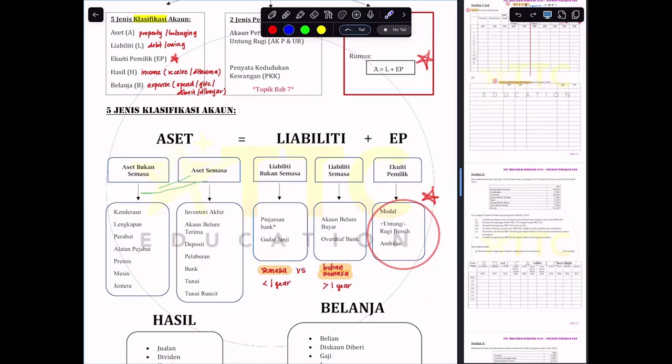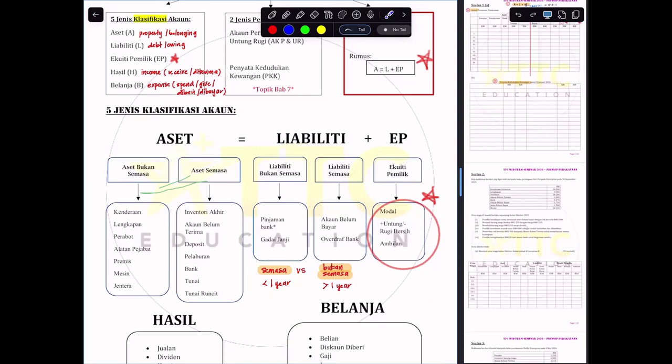Okay, then how about liability? Liability means your debts, your hutang. Eventually, you still need to pay for your debts, right? No matter how soon it is, you still need to pay. So the matter here is how long you need to pay for your liability. If you take less than a year, or you need to pay in a year, then we call it liability semasa.